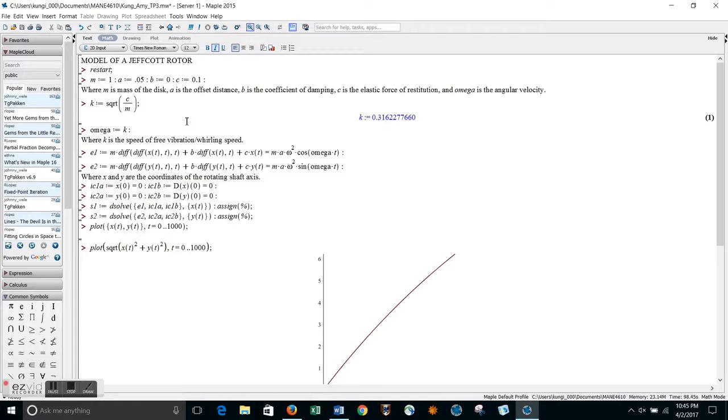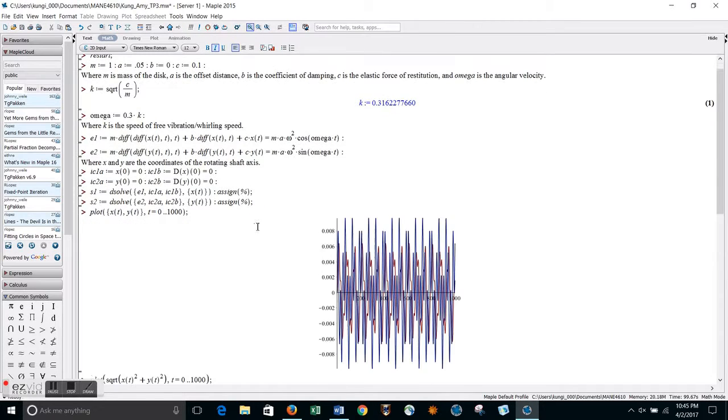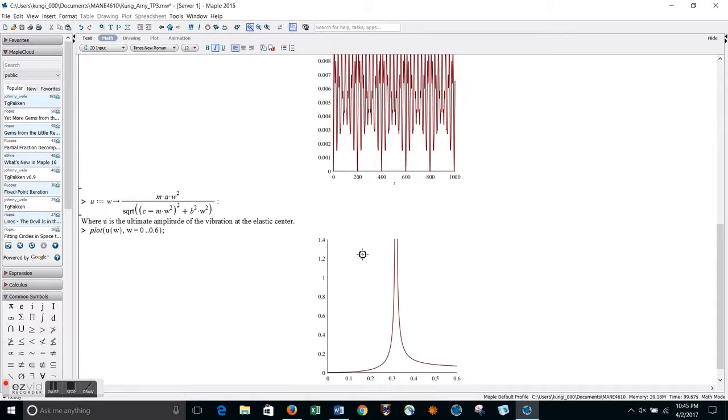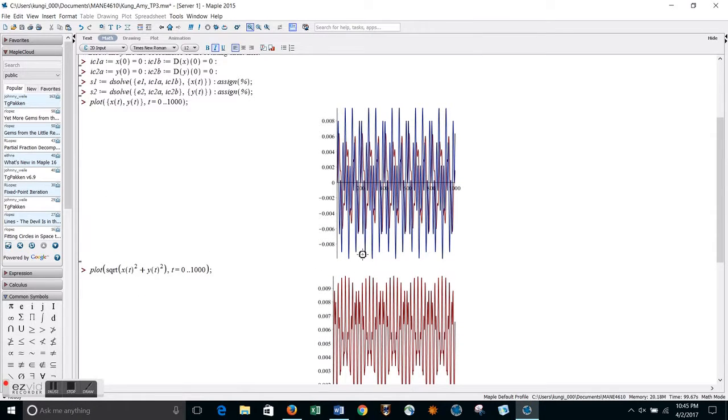So what exactly happens to the displacement of the rotor as the angular velocity approaches and then passes the whirling speed k? We can get a quick idea by running a few simulations. So at 30% of k, let's see, right, there's nothing too special here.